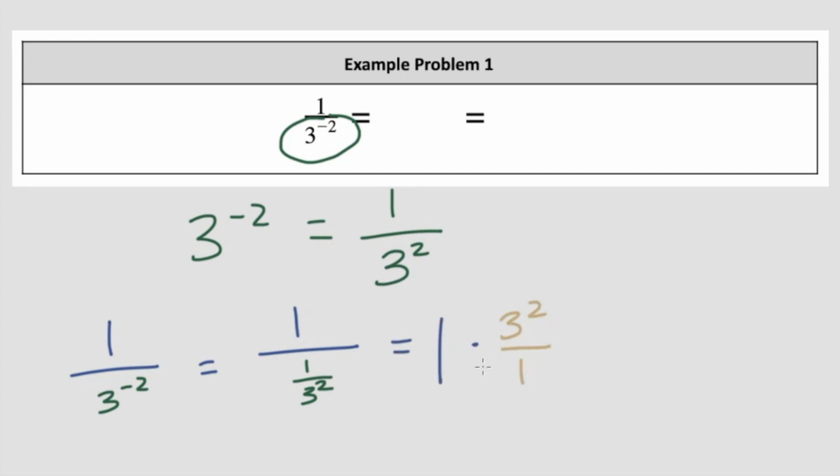Now, this part is where it gets interesting. That whole thing is just equal to 3 to the power of 2. You're multiplying by 1, and you have a denominator of 1. All that stuff can cancel each other out. We end up with 3 to the power of 2, which is equal to 9. And I kept the exponent here because it's really important that we do so, and I'm going to show you why in the next example. For now, 3 to the power of 2 is equal to 9.